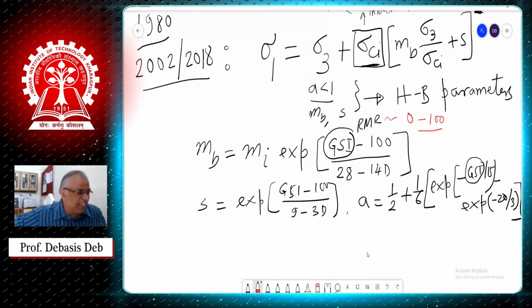Now, RMR has joint strength, joint condition, joint spacing, joint meaning any discontinuity. Then it has water condition. Now, all these things are nothing but what is existing in that local area where you are investigating, that means the local geology, you can say.